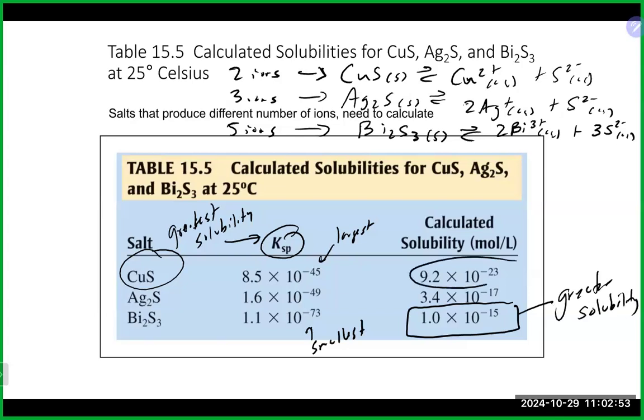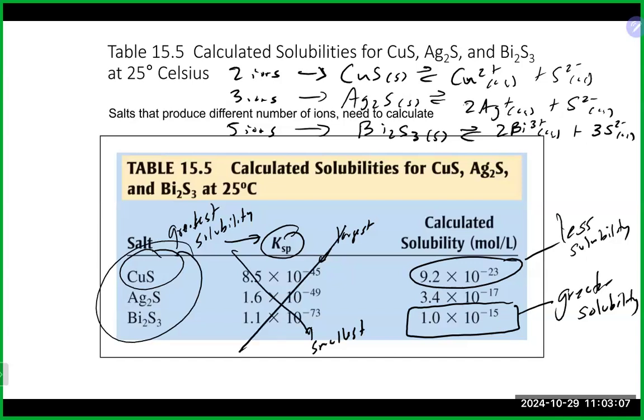And it's actually the one on top that has the least solubility when you do the calculation. So this demonstrates that if you are comparing things that do not break apart into the same number of ions, you cannot use the KSP values to directly predict which one would be more soluble or not. You actually have to do the calculation to make that prediction. So you can't use your KSP values.